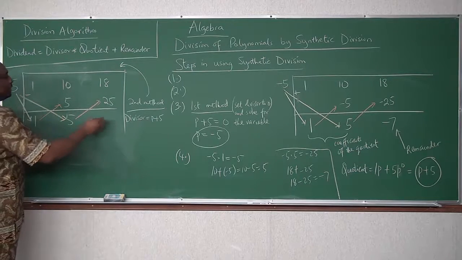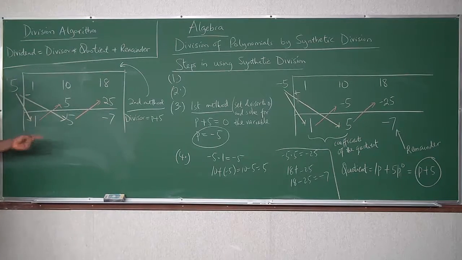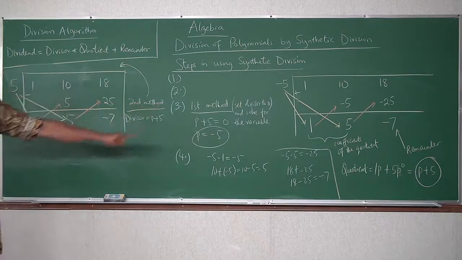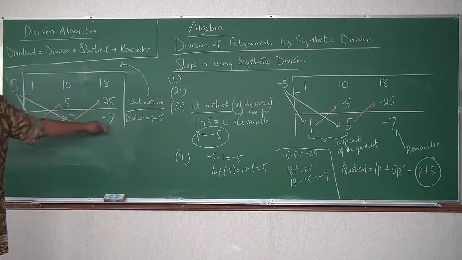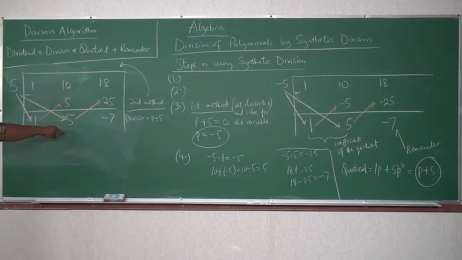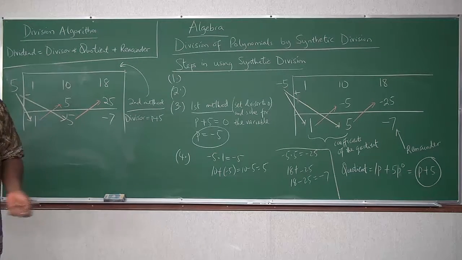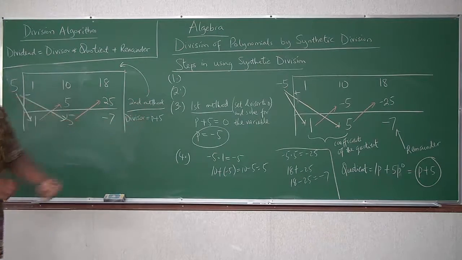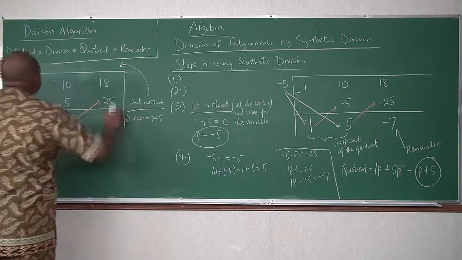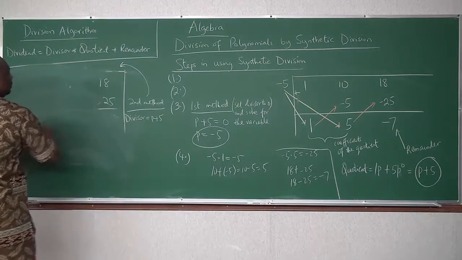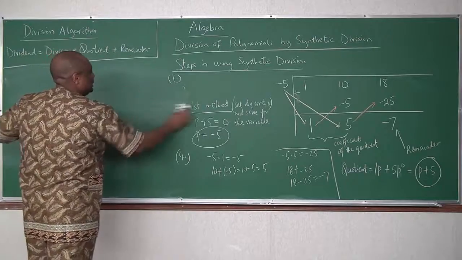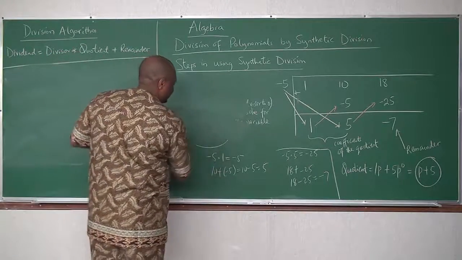Then 18 minus 25 is -7. So we still get the same answer. This is the remainder, and these are the coefficients of the quotient. But for the rest of the questions, we shall use the first method. So that is the way to do synthetic division.